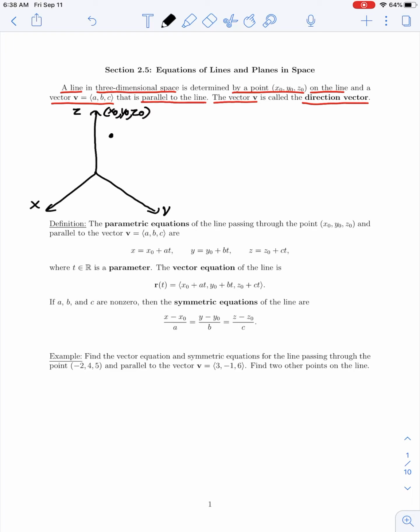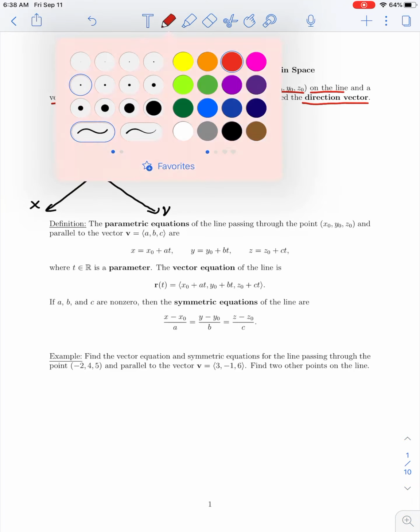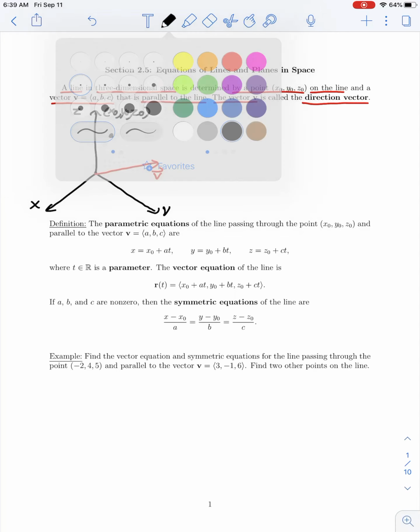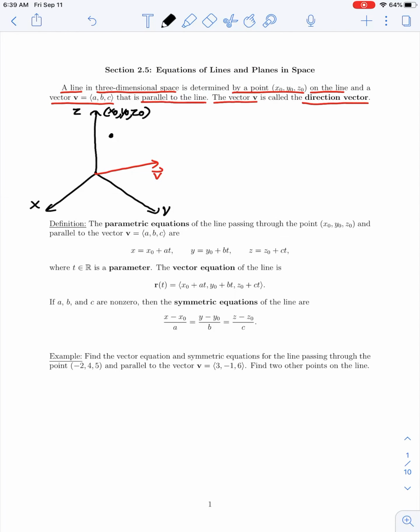It's any point that lies on my line. And let's say that I have a vector v, whose components are given as a, b, and c. And this vector is parallel to my line. So to visualize my line, I know what point it's passing through, this x naught, y naught, z naught, and I need to ensure that it's parallel to this vector v. So this is the line L that we're interested in.